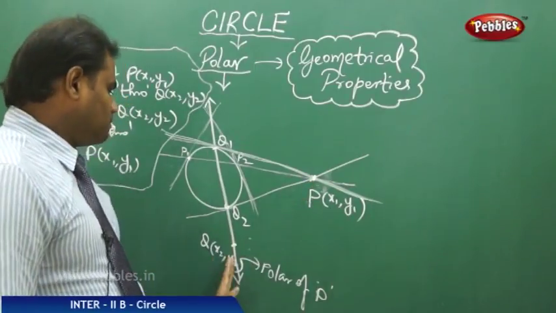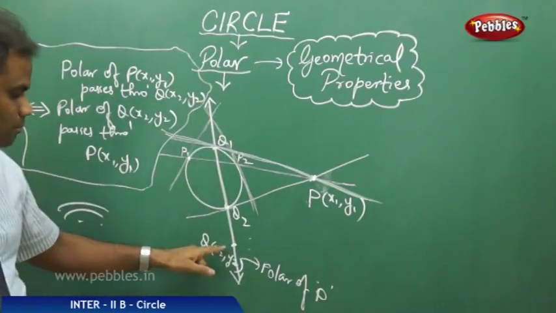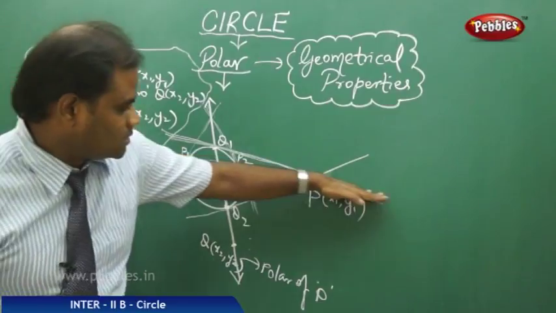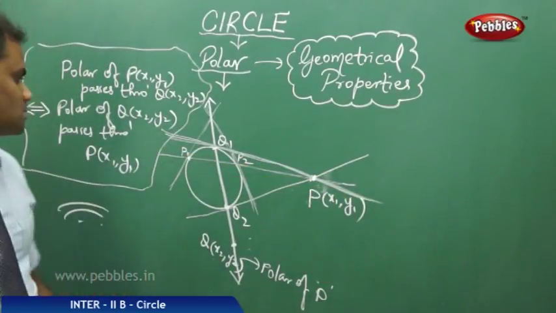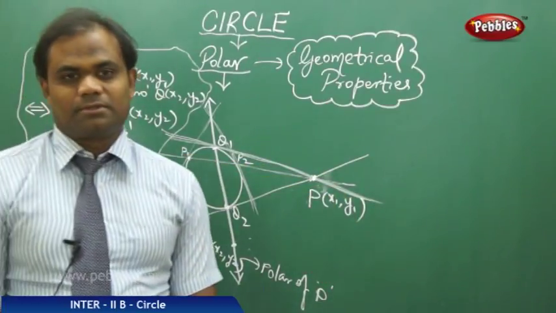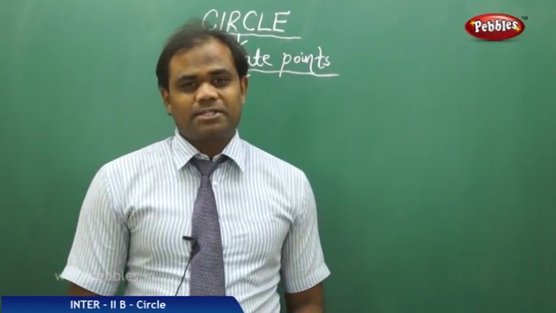So the polar of P passes through Q implies the polar of Q passes through P (x1, y1). This is how we understand the concept. Now let us recap the geometrical concept we have seen.